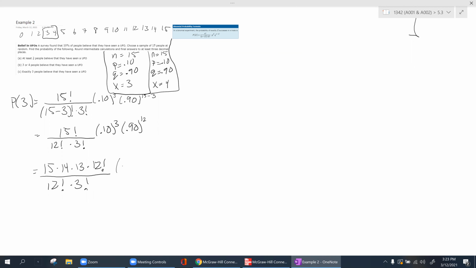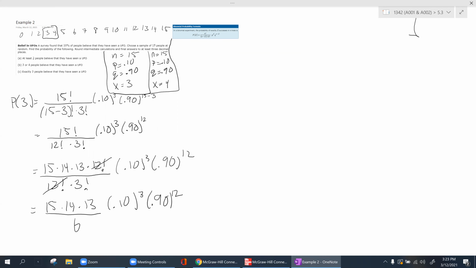Meaning these and these cancel out, leaving me with just 15 times 14 times 13 all over 3 factorial, that's 3 times 2 times 1, which is just 6, times 0.10 to the third.